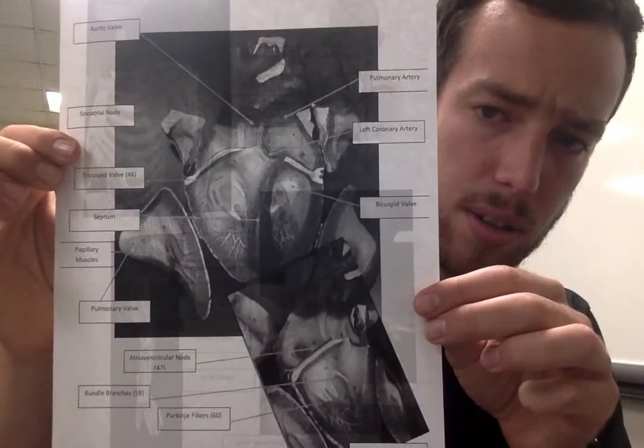So our next one, we are looking at the open heart with all the flaps opened up. So it looks something like this. All right. Starting at the top, the larger photo, we have the aortic valve.